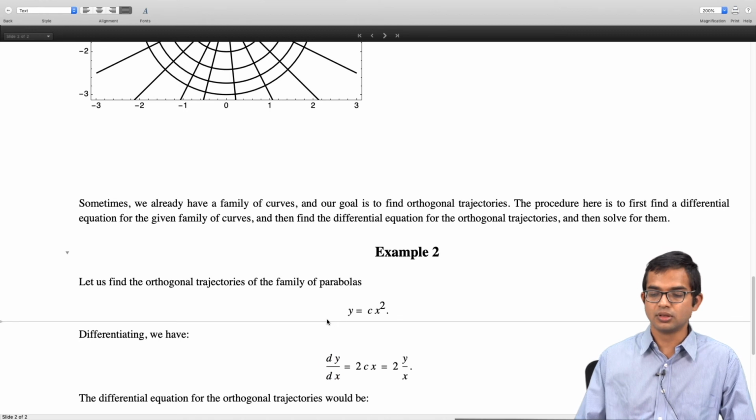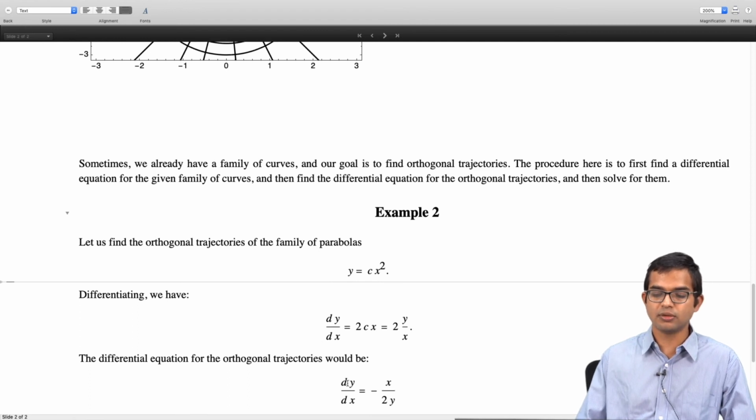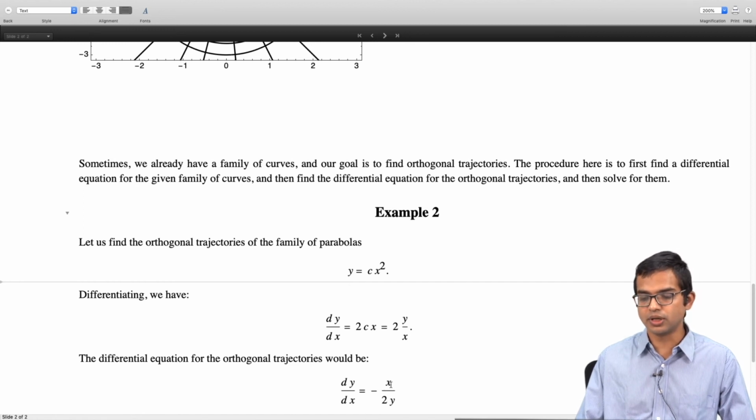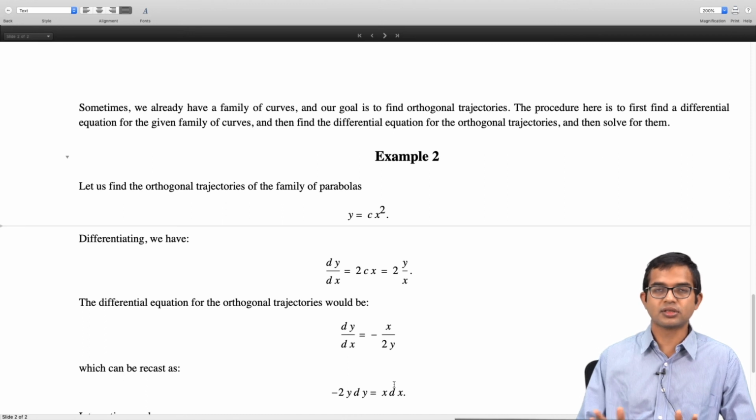So now you've got your differential equation for your given family of curves. The next step is to write down the differential equation corresponding to the orthogonal trajectories, which is just dy by dx is equal to minus 1 over the slope of the first family. So that's going to become minus 1 over 2y by x, which is minus x by 2y. This is straightforward again to solve.